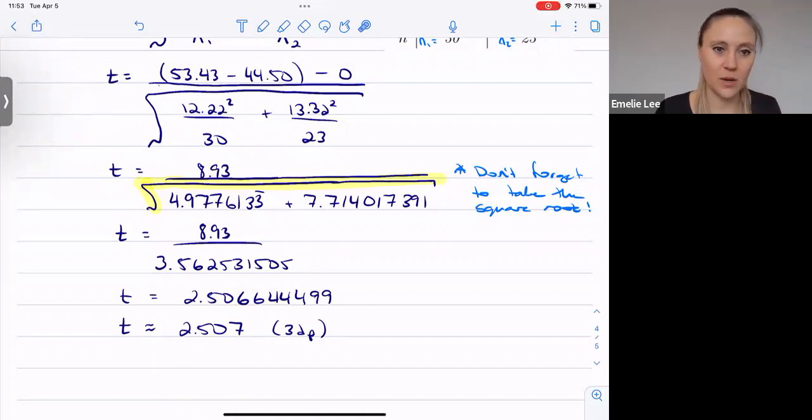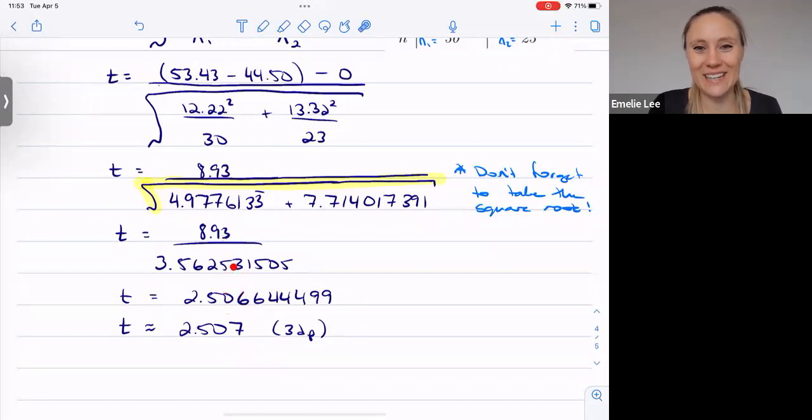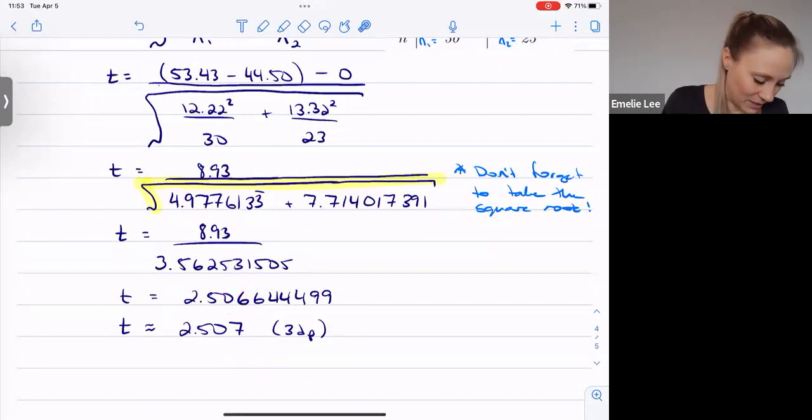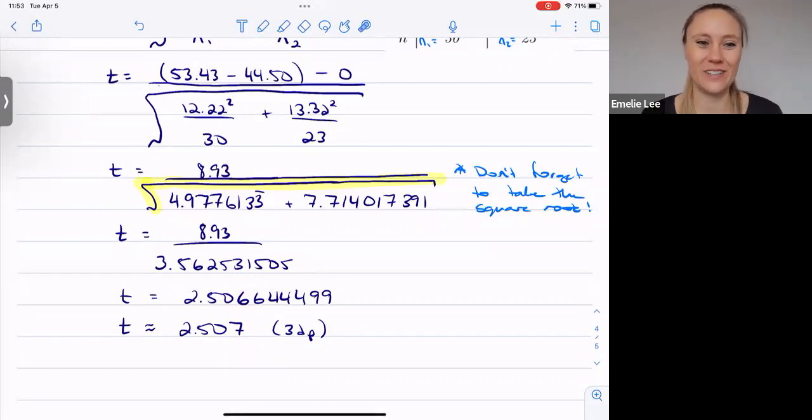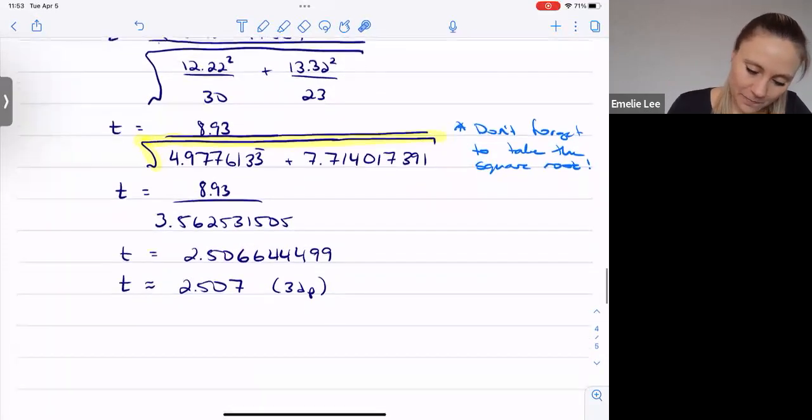Whew, I got back. So if you have this 2.50666, you can take 8.93 divided by that, and then you can get back to here, and then I'm going to store that. I'm going to store it so I can have it later. That's just me being lazy, ultimately. Yeah. All right.